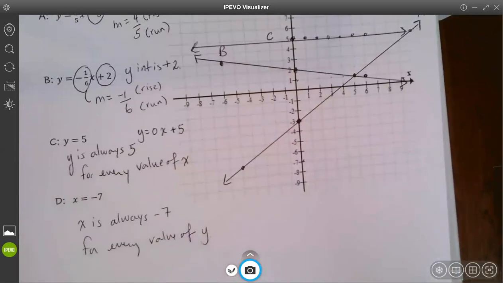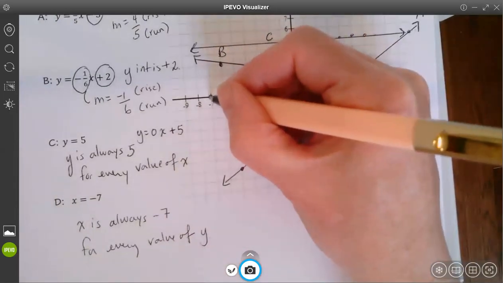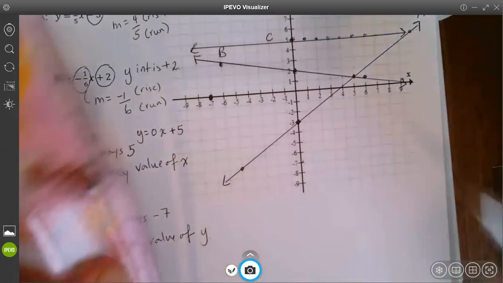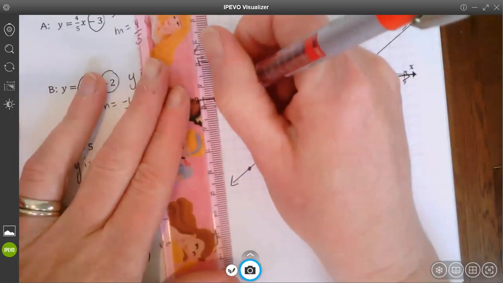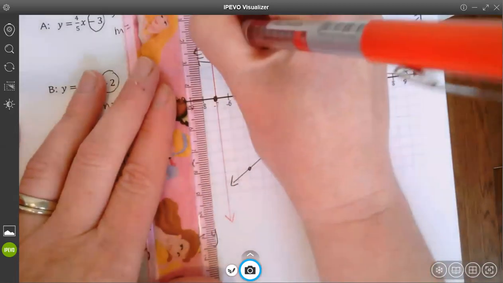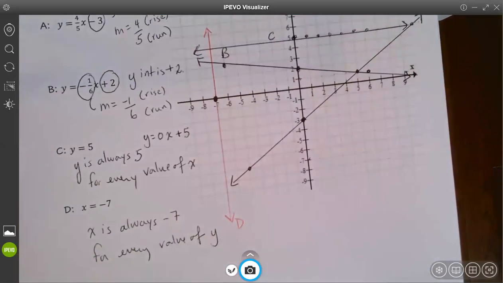X is always -7. Now, we haven't talked about x and y intercepts, but here, x is always -7, so it has to go through this x-intercept where our graph crosses the x-axis. And so here, this is the line x is equal to -7.